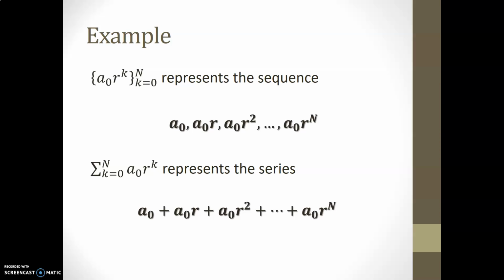So in the previous video, we used the notation with braces to represent sequences. So for instance, {a_0 r^k}, with k equals 0 to n, would be a list of terms. Notice how we're simply listing out the terms in the order where k was replaced by 0, 1, 2, 3, and so on. And it's a finite sequence where we stopped replacing k by the time we got to n.